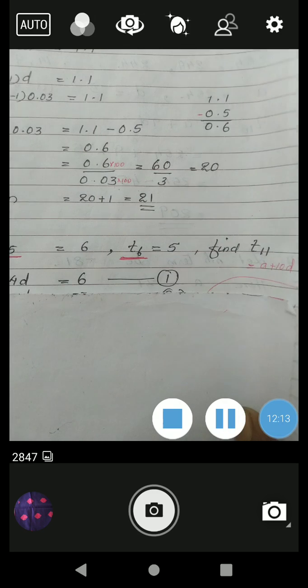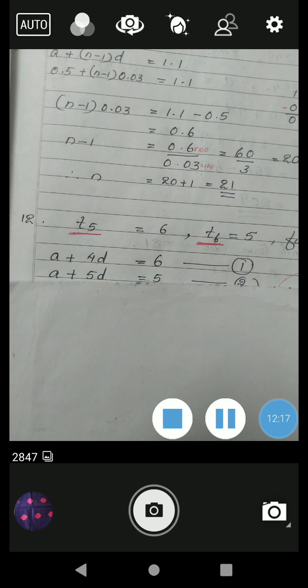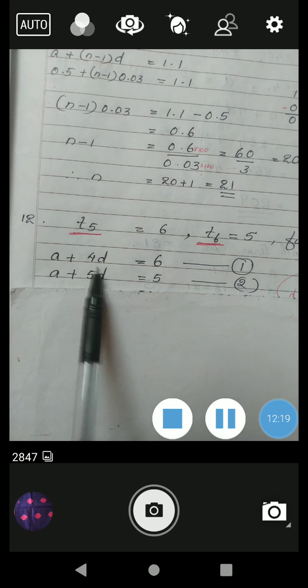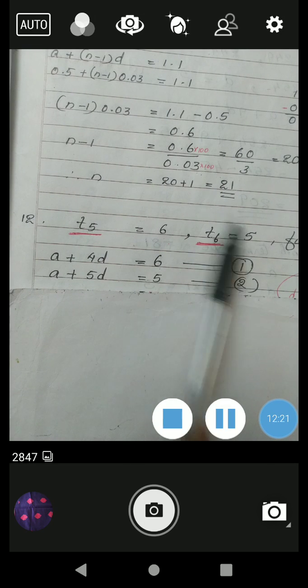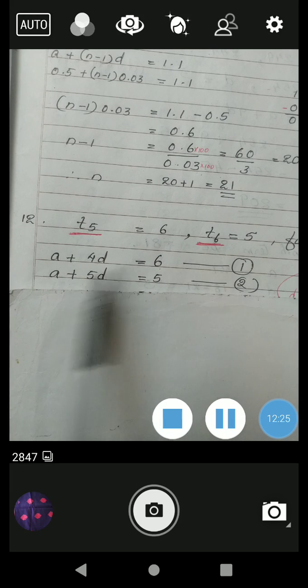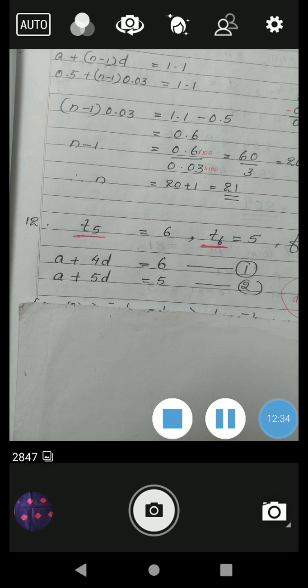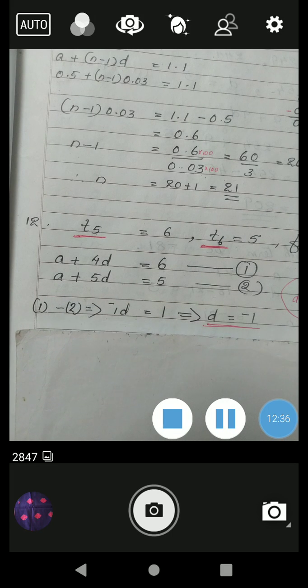So, we need A and D. So, T5 can be represented as A plus 4D equal to 6. Thus, T6 can be represented as A plus 5D, which is 5. Two simultaneous equations you can see. We have done many questions like this. So, solve these two equations. You can see all steps.